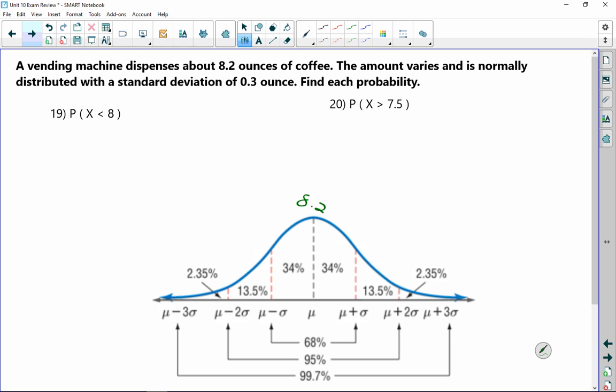Right? Yeah. Okay, what's my next one? 8.5. And then 8.8. And then on the other side, it's going to be 7.9. 7.6. Do I need the last one? No.